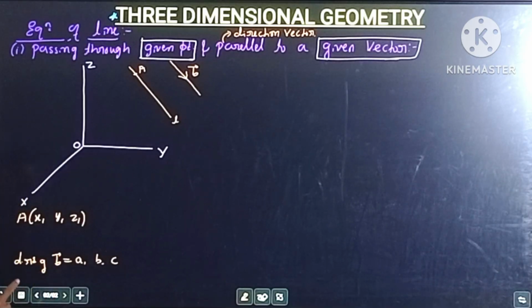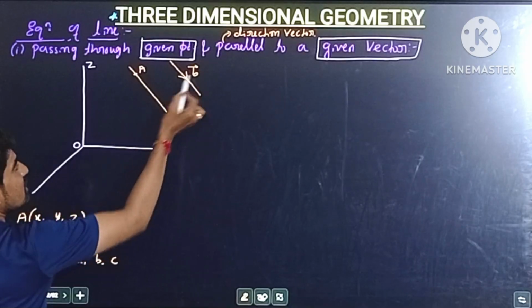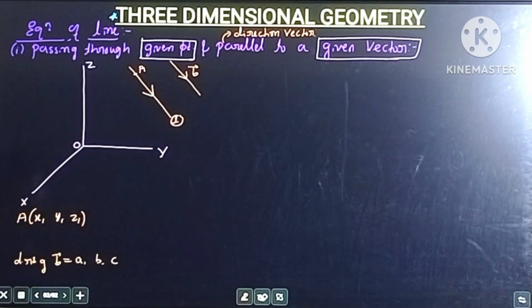So now we need the equation of the line L. The direction is similar to the parallel vector, therefore the direction is similar to B vector.